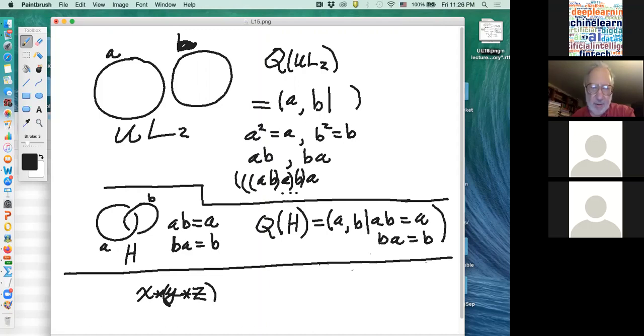Can you get a better identity out of it? You know that if you have x times y times z when it's associated this way, then the distributive law lets you turn it into x times z times y times z, right?